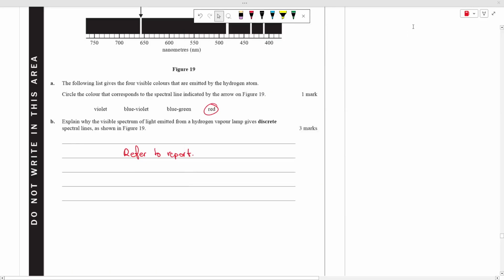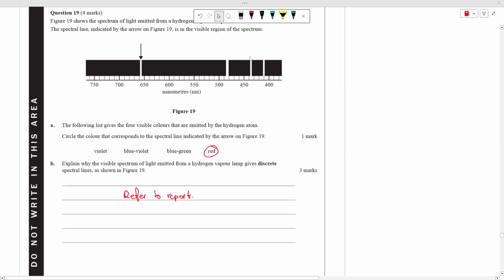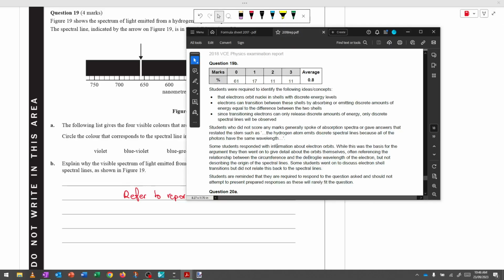Okay, so I waffled on too much, because it's not asking for the reason why discrete energy levels exist. It's just saying why there are only certain lines and not a continuous range of lines. So point 1, electrons orbit in shells, or you could even say at different radii.